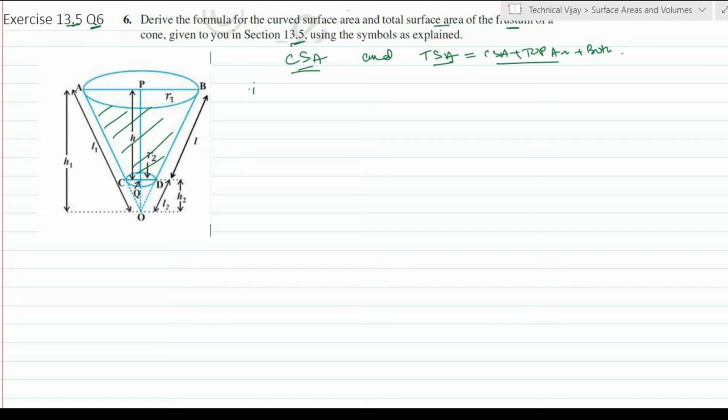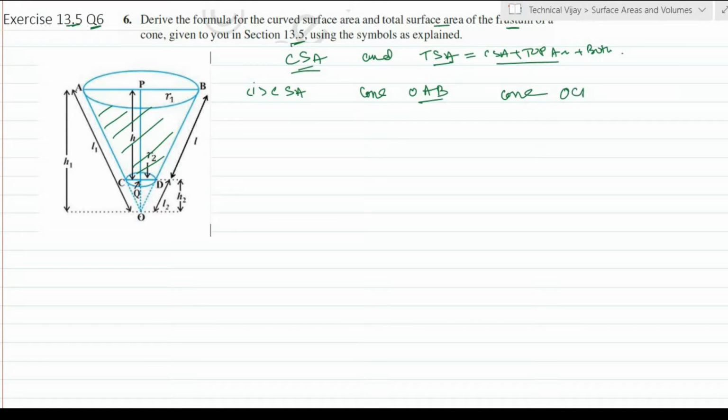Now first we will calculate the curved surface area. You see in the diagram there are two cones: cone OAB, which is the bigger cone, and one more cone, cone OCD.